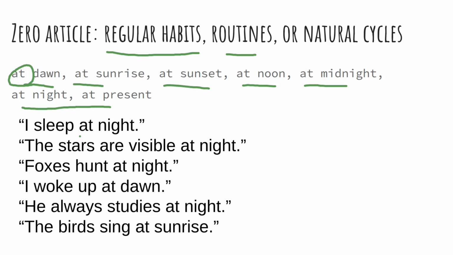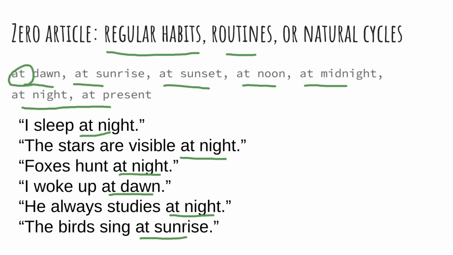Examples: I sleep at night. The stars are visible at night. Foxes hunt at night. I woke up at dawn. He always studies at night. The birds sing at sunrise. These are part of regular habits, routines, or natural cycles.